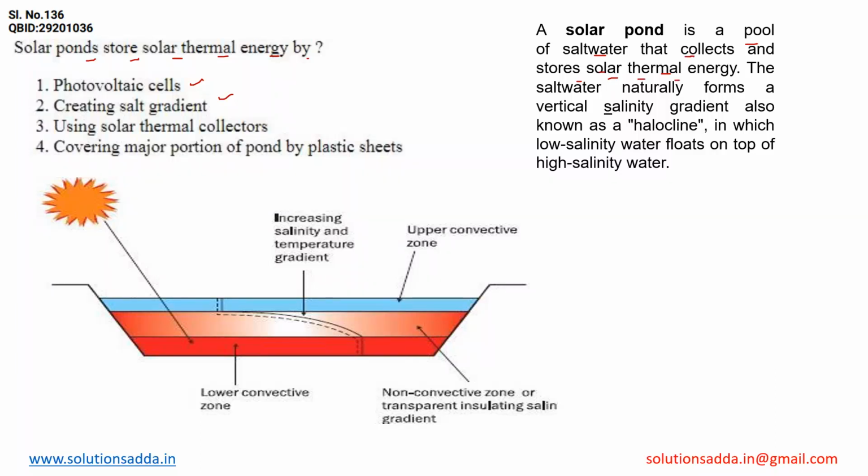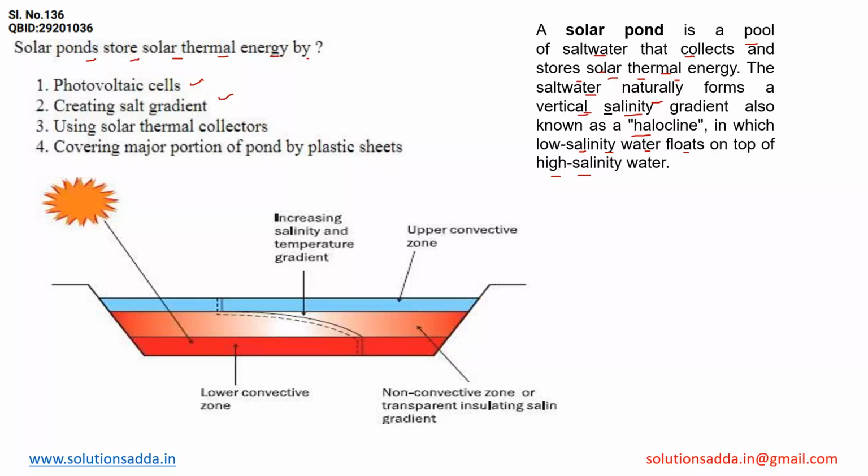The salt water naturally forms a vertical salinity gradient, also known as a halocline, in which low salinity water floats on top of high salinity water. I think these terms are very difficult to understand in theory. Let's understand with the help of this picture. Here I'm talking about the solar pond.